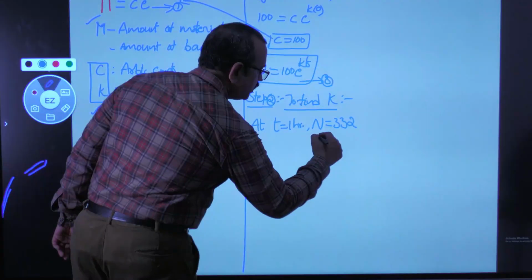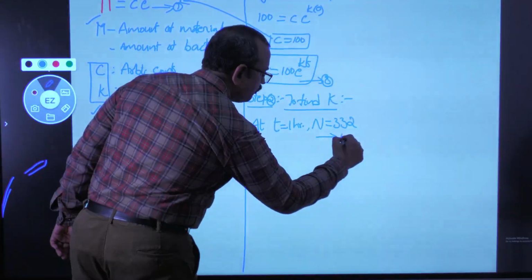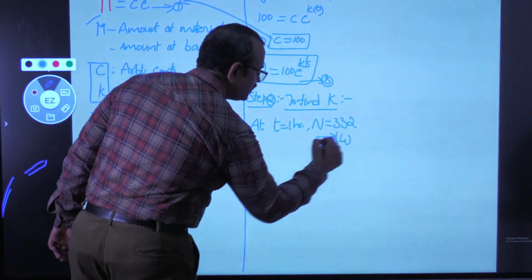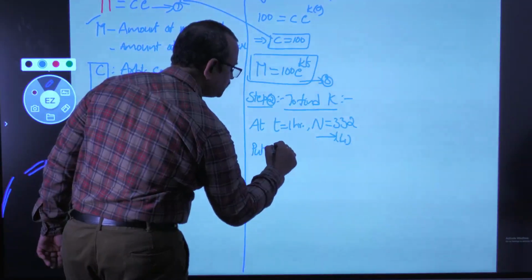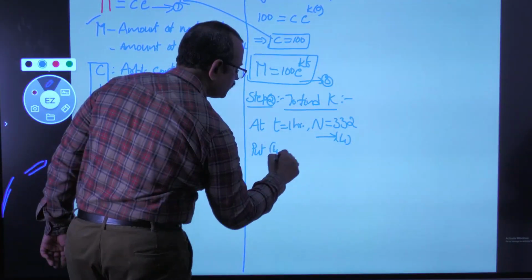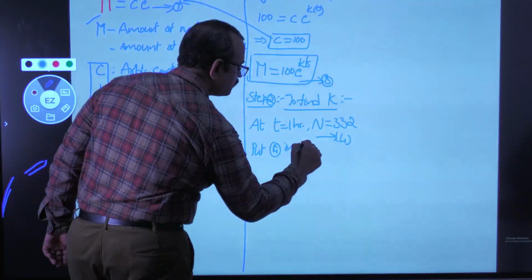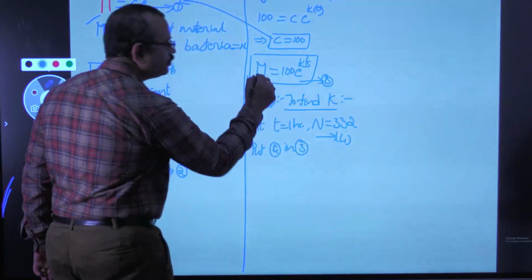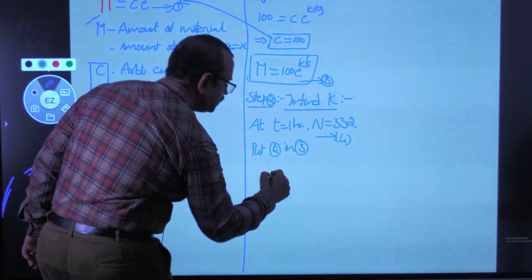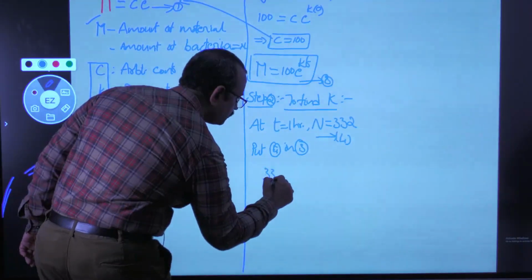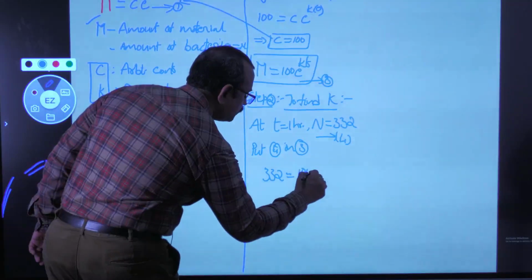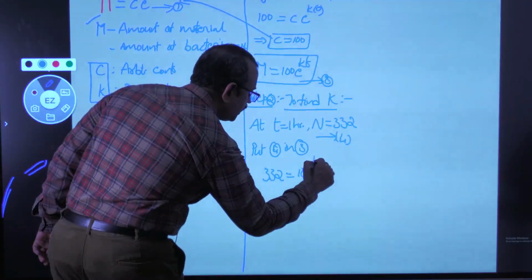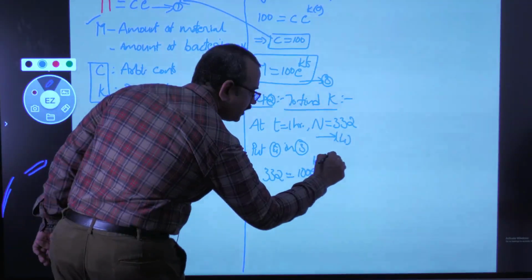Suppose you take these details as equation 4 and substitute. By substituting the details in equation 3, we get n equal to 332. So 332 is equal to 100 into e power k into t, where t is given as 1.